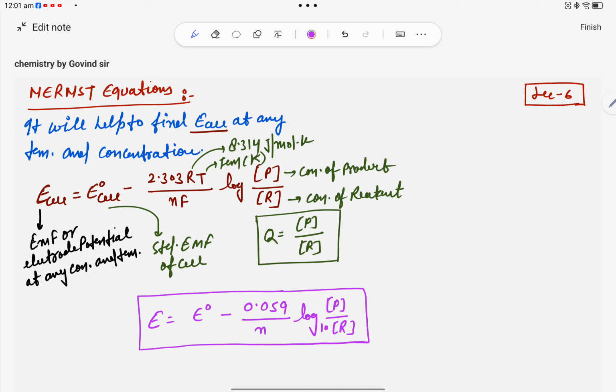One thing I forgot: here F is Faraday, and N is the number of electrons transferred. So that is the case. Now how to derive this equation, that we will discuss. Then we will solve a problem related to this and finish this video.